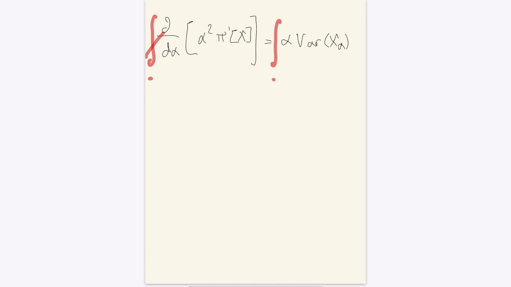That is, these two cancel each other out, and we're left with a positive number, which proves what we wanted to prove. That is, that π prime is a positive number. Hence, the exponential premium is an increasing function of alpha.